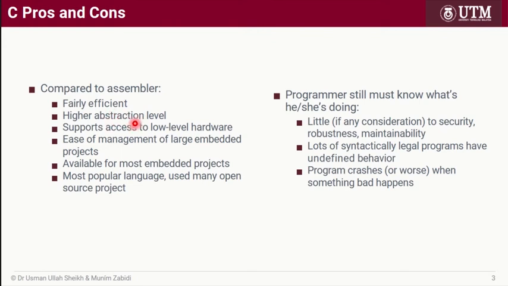Even though it is a high level language, it still supports access to low level hardware, in which you can still control the use of I/O ports and manage them according to what you're going to program. Most important, it is available for most embedded projects.